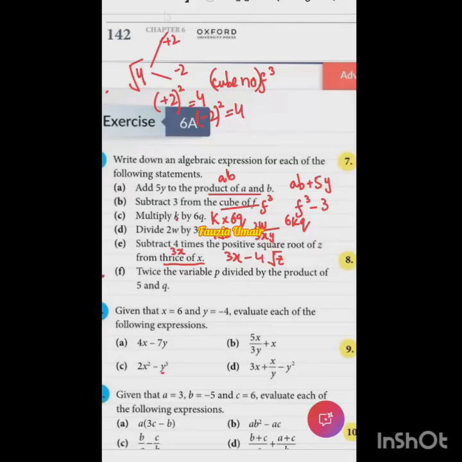Maybe not till eighth, but in ninth class we will start taking these two roots, one positive and the other negative.